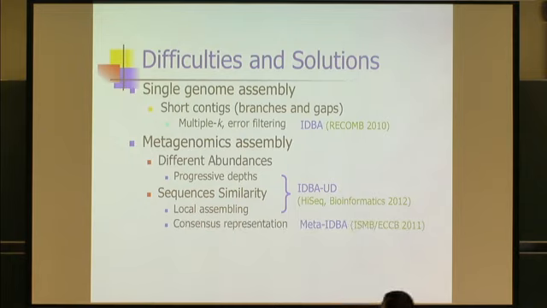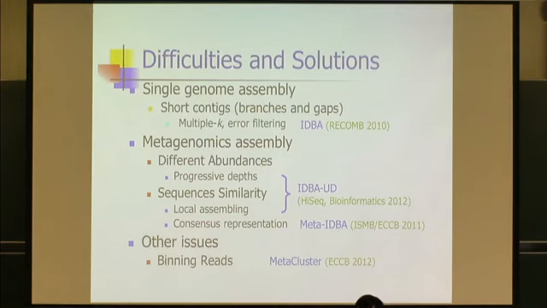And for the consensus representation, which I heard this afternoon too, we have a Meta IDBA to handle it. Unfortunately, these are two independent software. We don't have time to combine them together, but we will mention the idea, how we handle these problems.